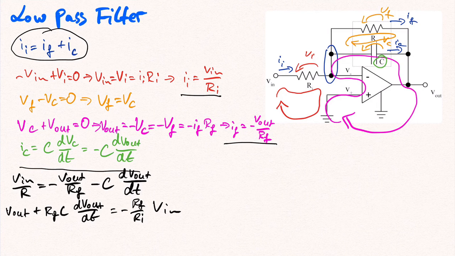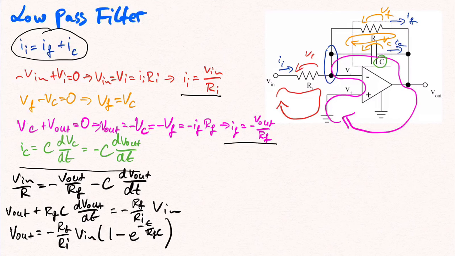This is an ordinary first-order differential equation for which we know the solution. Vout is equal to minus Rf divided by Ri times Vin times 1 minus e to the power of minus t over Rf C. After solving the circuit in the time domain, we will now solve it in the phasor domain.